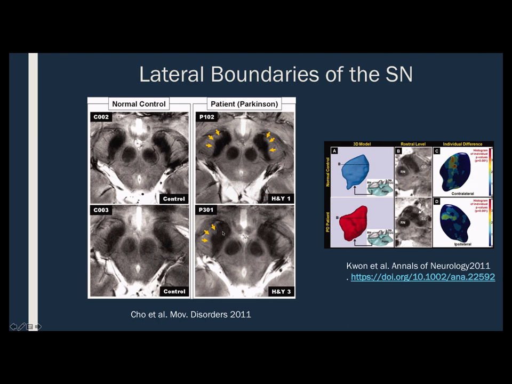We haven't quantified it in our data, but you could see one of the problems with these. I mean, these are beautiful images, but we know that when we have a subject in the scanner, you don't get these images in everybody. These are areas that are very affected by respiration, by susceptibility, by motion. It's not a quality of image that you get in every single subject, though you should aim for that.